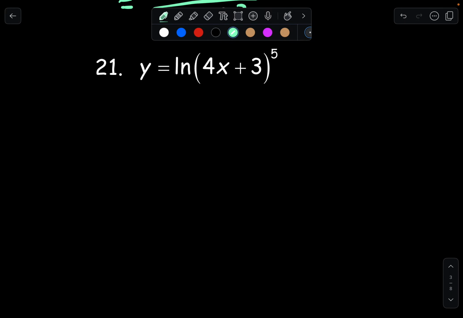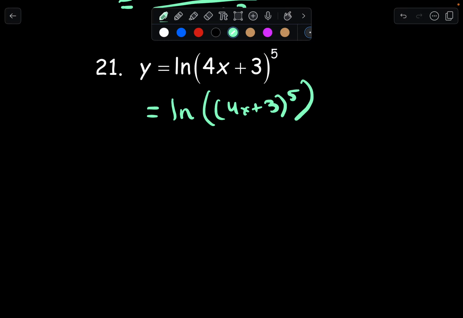21, we have y equals natural log of 4x plus 3 to the power of 5. Okay, so notation-wise, be careful. These two are not equivalent. They are not equivalent, okay?